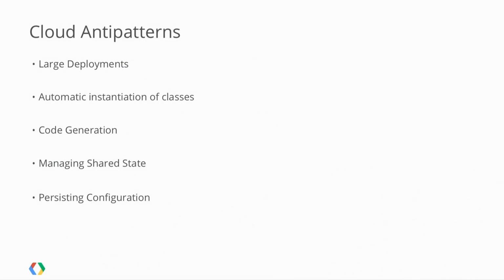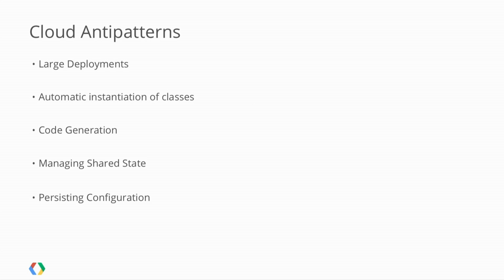Code generation can be very problematic because many times you're going to be spinning up and spinning down instances very quickly. So runtime generation of code can be very difficult for the runtime to keep up with, as well as if you have security managers and things like that.